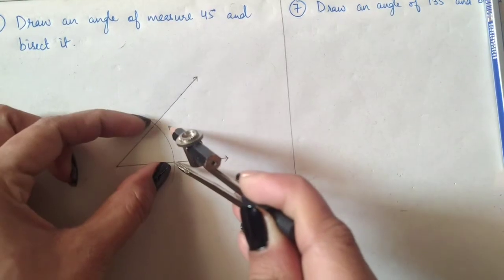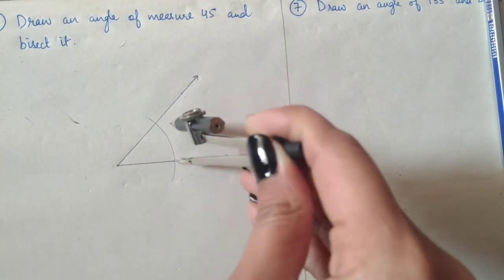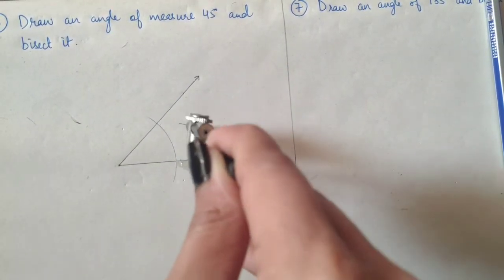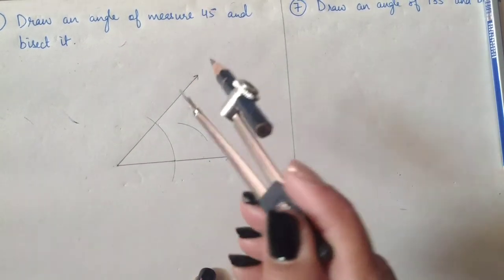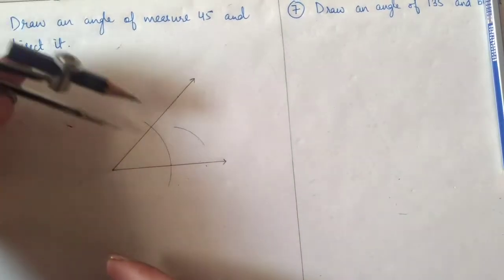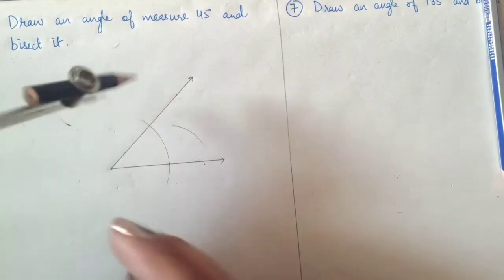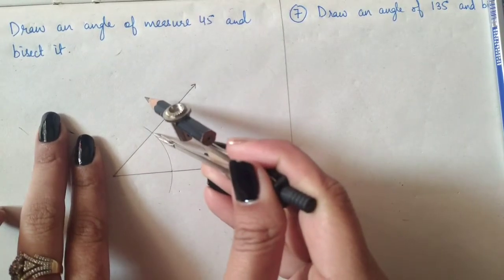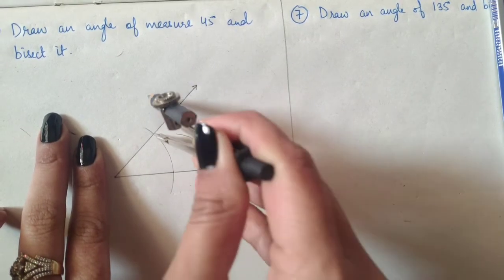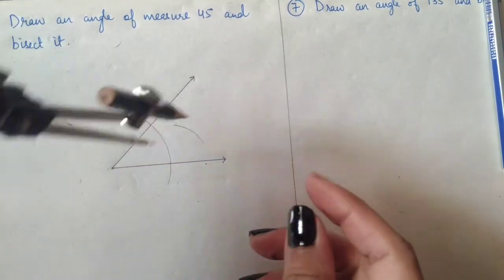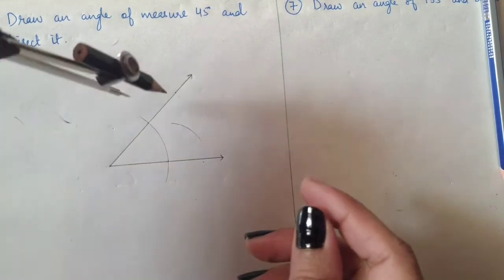Now I'll open my compass through more than half of this distance. This is the total distance that I'm supposed to bisect. So I have opened it through more than half. I'll draw an arc now, this time without disturbing it and keeping it here carefully. I'll just check that I have not moved it. Yes.